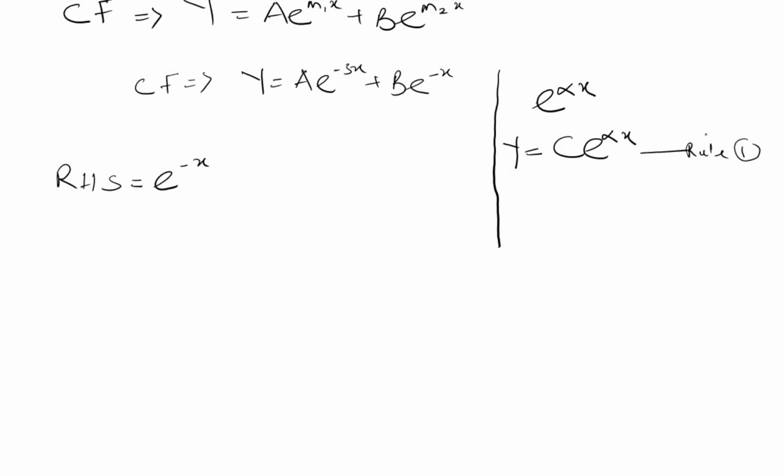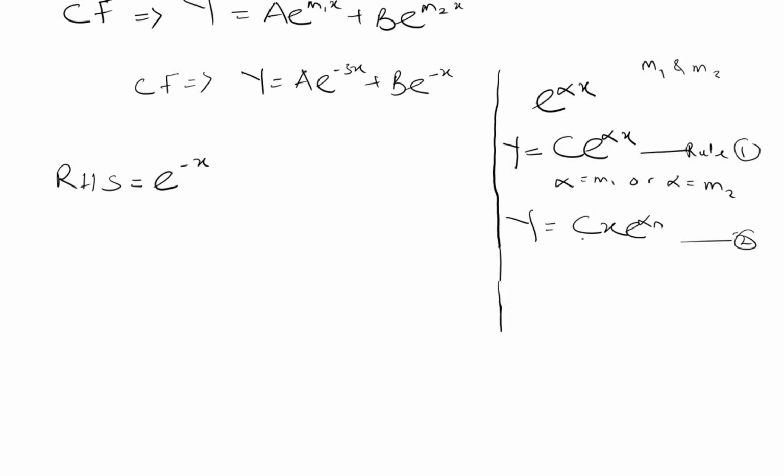But if alpha is a root of the auxiliary equation, either of the roots, here you see that we have the roots of the auxiliary equation from above as m1 and m2. Supposing that alpha is equal to m1 or alpha is equal to m2, that means if alpha is a root of the auxiliary equation, we will change it to y is equal to cx exponential of alpha x. This is rule number 2 for an exponential function at the right hand side.